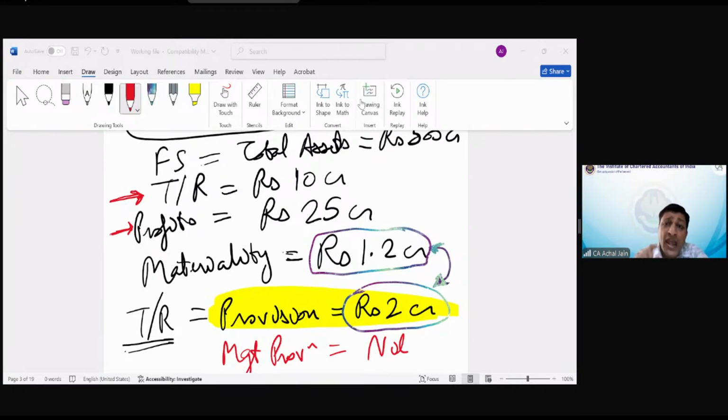So such type of errors, what do you call them? Material. So that's why such type of material misstatements which do not flow to the entire set of financial statements, or you can say which only impact certain line items of the financial statements, but which are not impacting the financial statements as a whole.